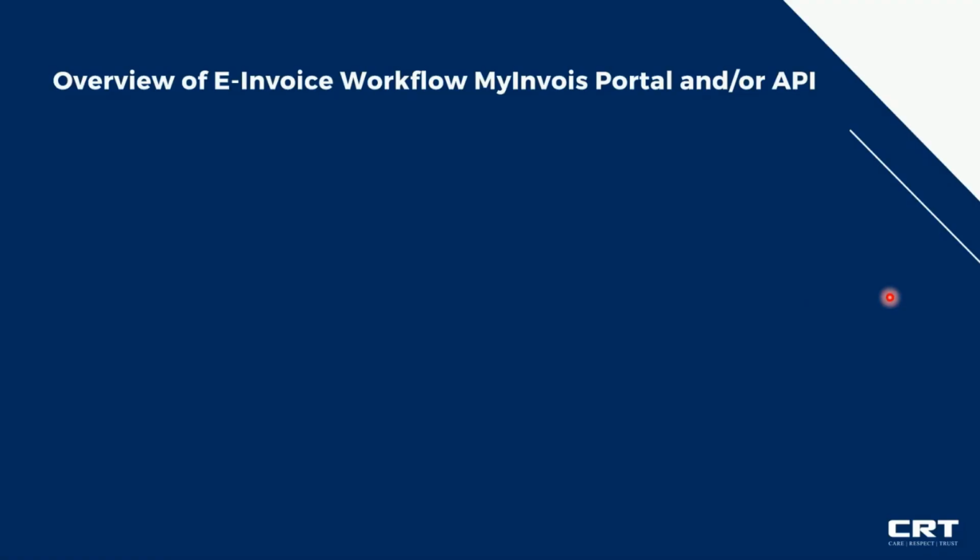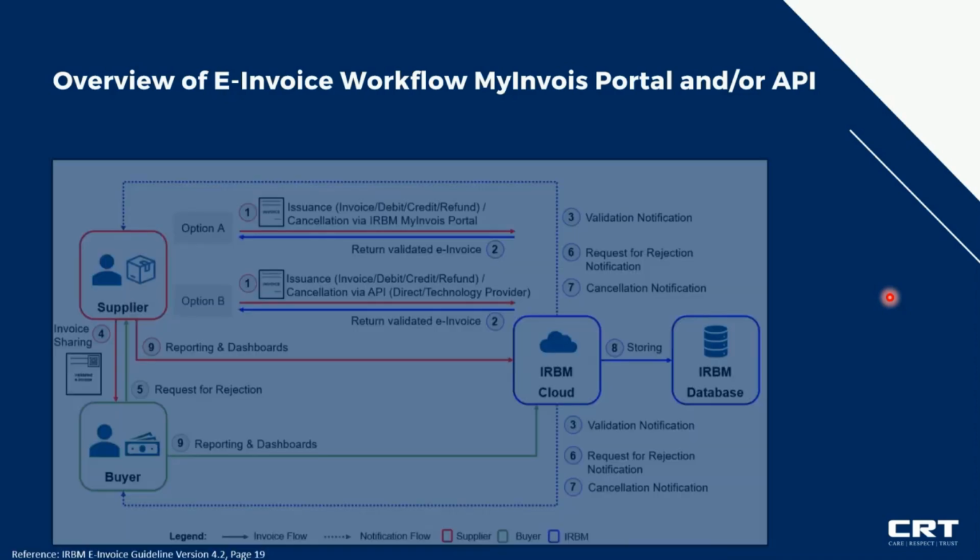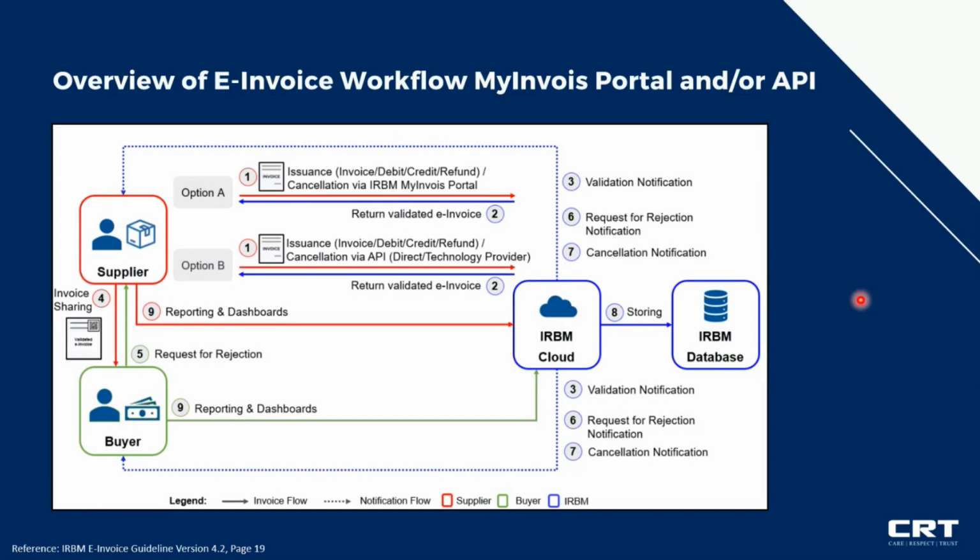So this will be the data flow between your system and the portal using API. Firstly, we are looking at option B. Option B is for the API access, which is what we offer for your system.